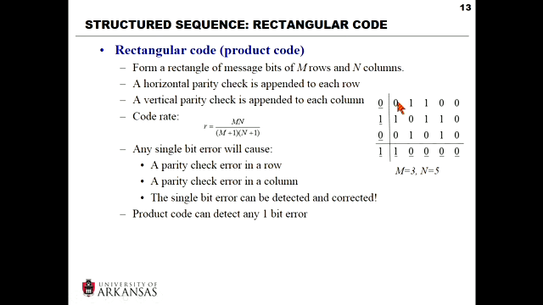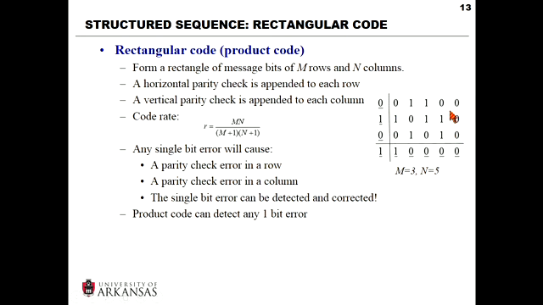In this example, we have m equals 3 and n equals 5, and you can use different numbers. So in this case, the value of k is m by n, which is 3 by 5, 15. So our information length is 15 bits in this case, or in general, m by n.